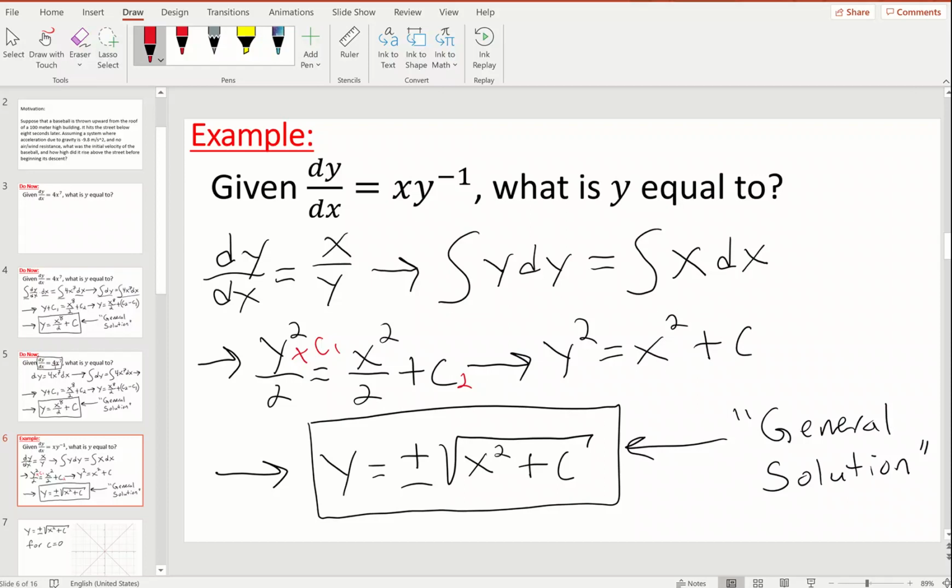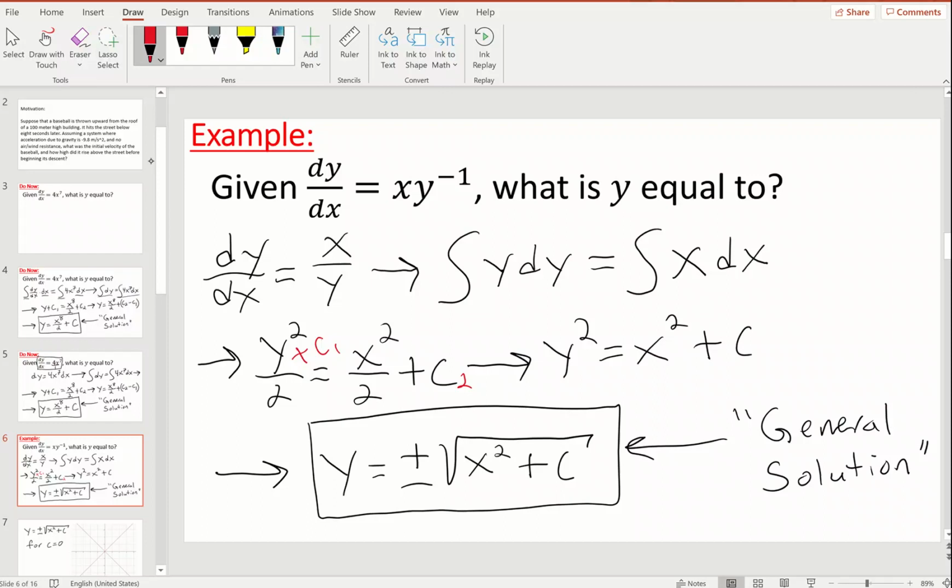But like I said previously, all I'm going to end up doing, since I'm isolating for y anyway, is subtracting that c1 over to the right and combining the two constants into one big constant. And so just to save time, I just did that already.